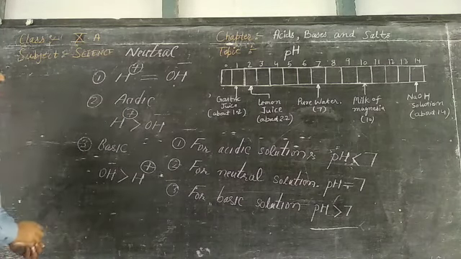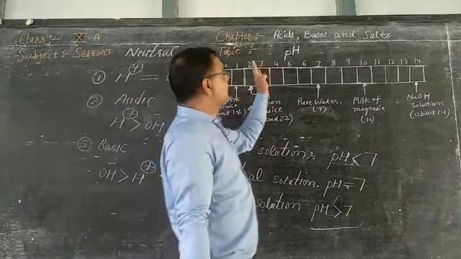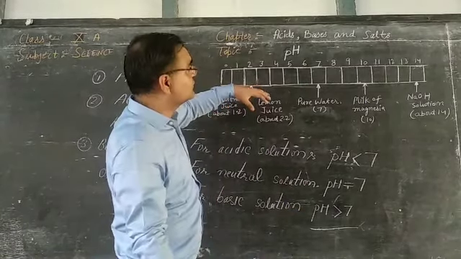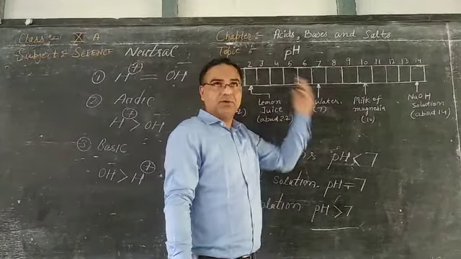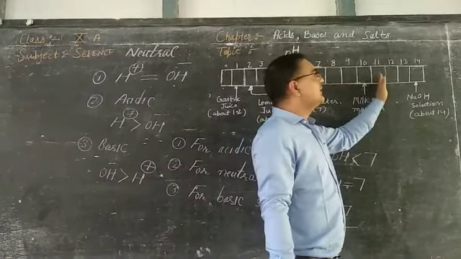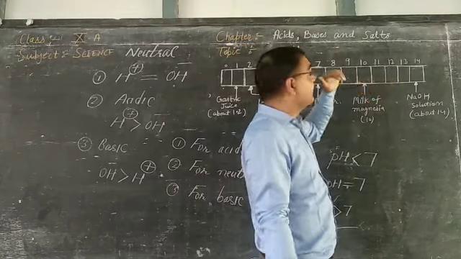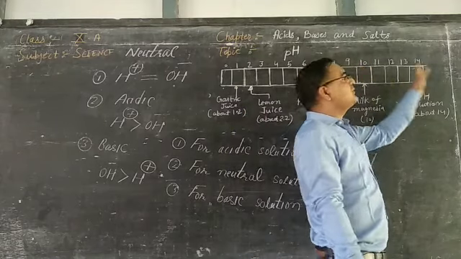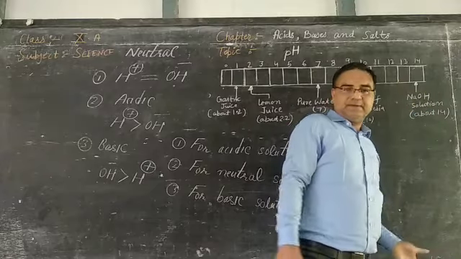Right? So, those solutions whose pH value lies between 4 to 7 are weakly acidic. Those solutions whose pH value is equal to 7 are neutral. And those solutions whose pH value is from 8 to 10 are weakly basic, and those solutions whose pH value lies between 11 to 14 are strongly basic.